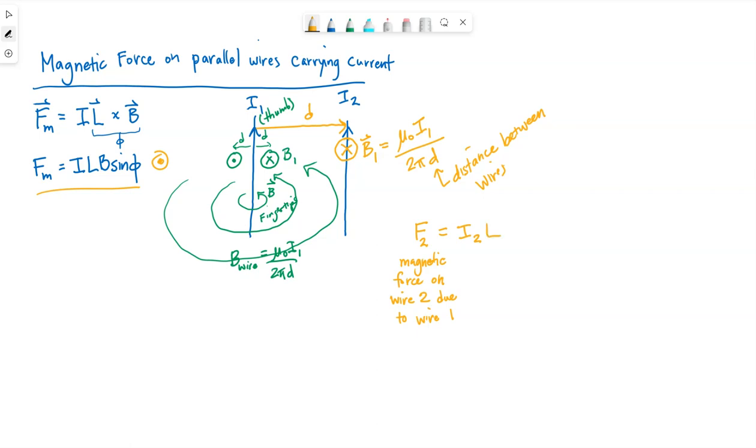It depends upon the length of wire 2 in this region, so the length of the wires that are the same.